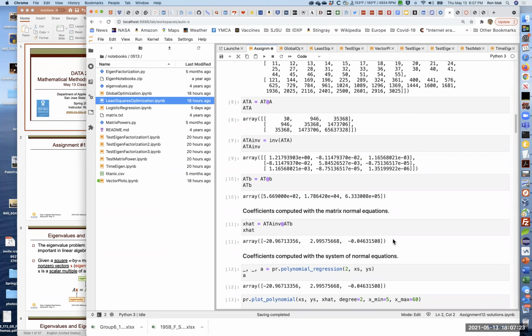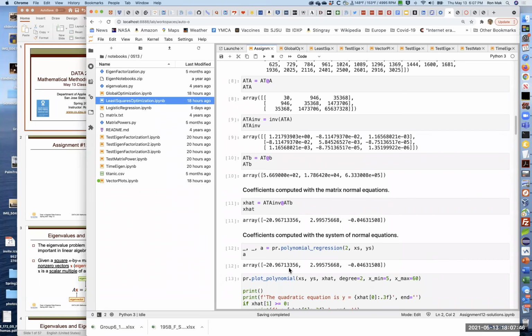Then I remembered I had written this polynomial regression function that calculated everything with all the normal equations, where you had all those summations and so on, and sure enough we get the same answer.